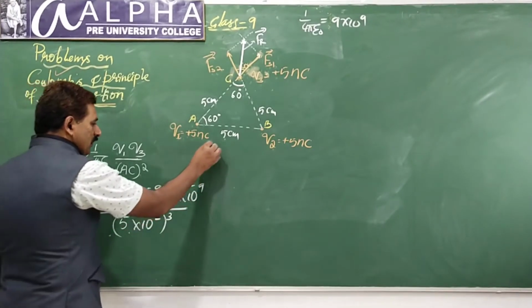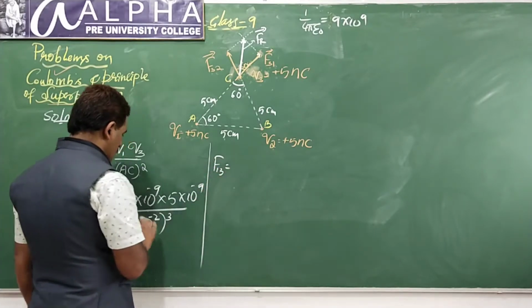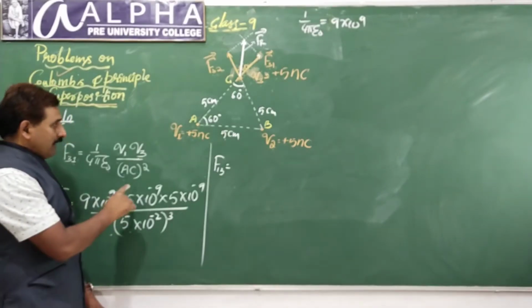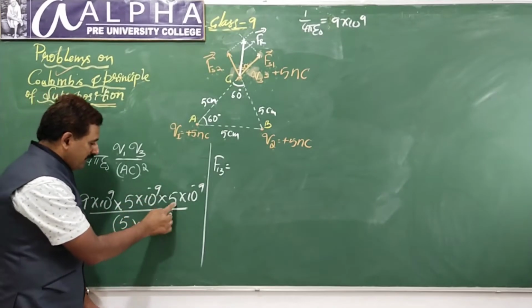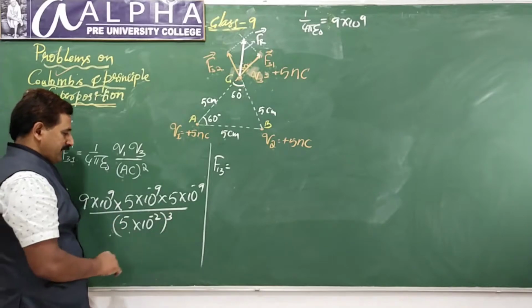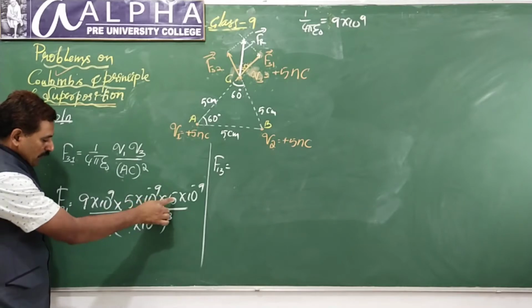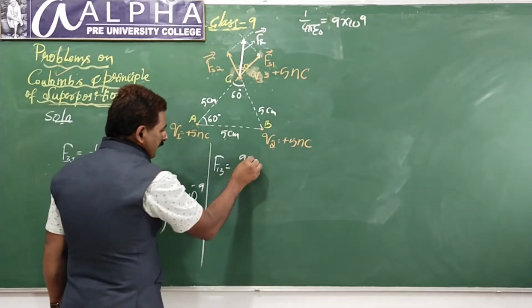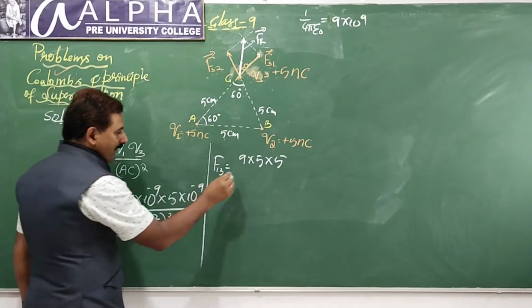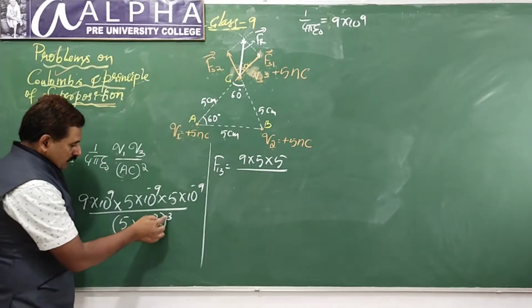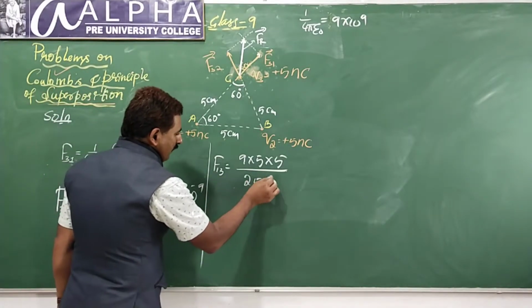Can we do the calculation in a very simple way? F13 equals, I'll show the calculation part, because for F32 also the values of the terms are the same, so the final values are the same. Now collect the values: 9, 5, 5, and 5 squared. The numerator is 9 into 5 into 5, divided by 5 squared. 5 squared is 25.